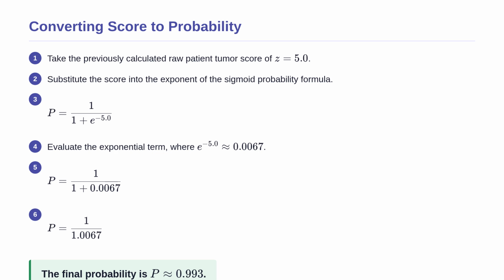Because this term is so small, adding it to 1 in the denominator barely changes the value. We divide 1 by 1.0067, giving us a final probability of 0.993. This translates to a 99.3% chance of malignancy, telling the doctor with high confidence that the patient needs immediate treatment.